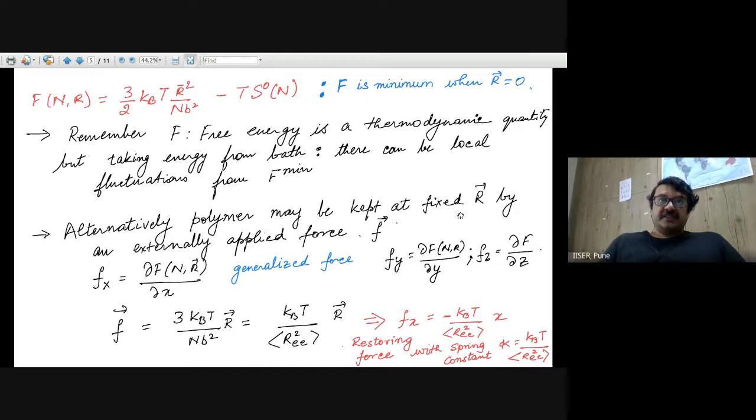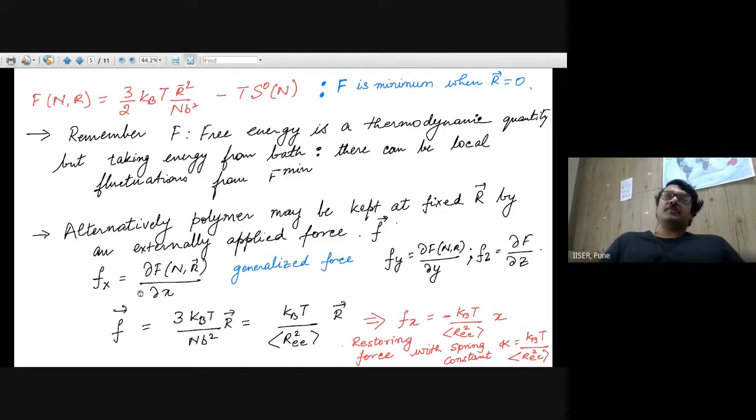However, if this is prevented, you need to give an externally applied force F, which is very much like the pressure when you talk about the ideal gas. Now, the x component of the force is basically the derivative of the expression for the free energy with respect to x, right?